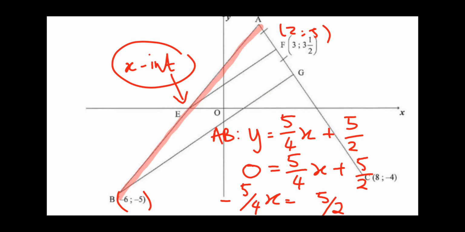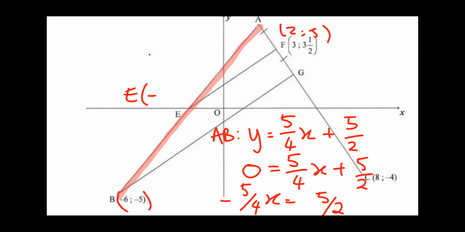And what's the answer when I divide 5 over 2 by -5 over 4? What is x equal to? -2, sir. Thank you. So the coordinates for E is then -2.